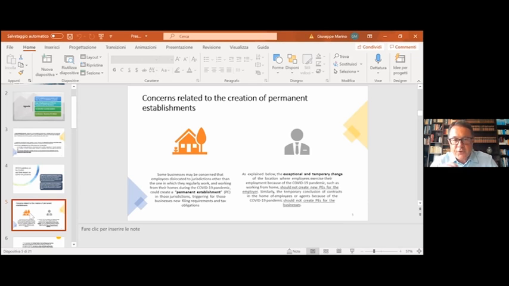And that is the first issue that was raised by the OECD.